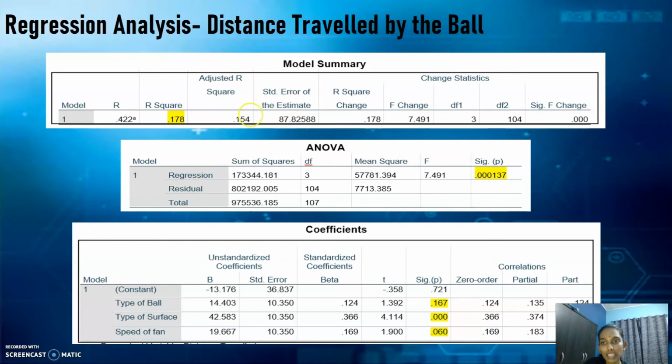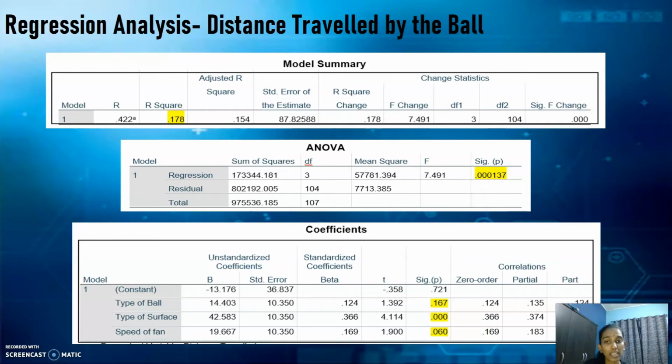In our case, the R squared value is 0.178, which if we convert it into percentage, is about 17.8%. So the higher the R squared, the better the model fits the data. In our case, the model fits modestly. So the model can fit the data well, modestly, or poorly.